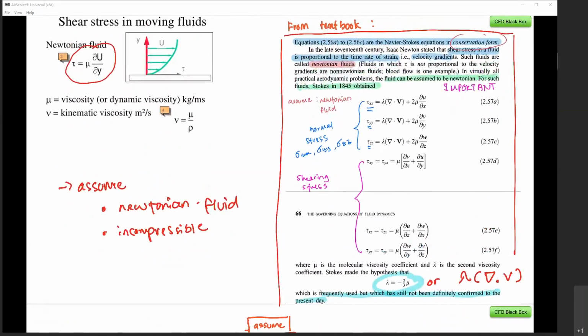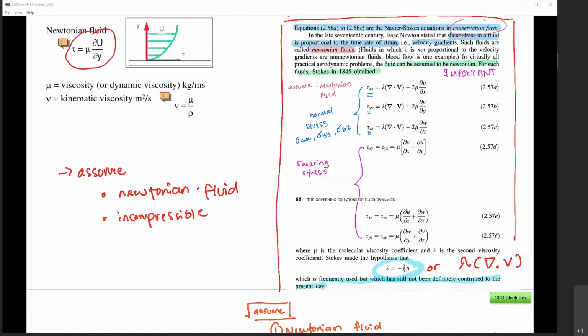What we are going to have a look at is a bit different. Because if you look at the textbook, there is a variable, lambda. The lambda here is equal to negative 2 over 3 mu, where mu is the viscosity.